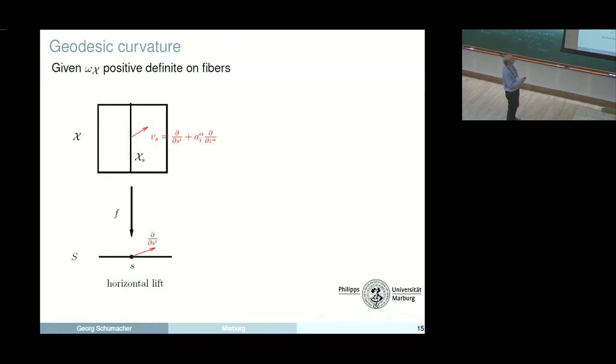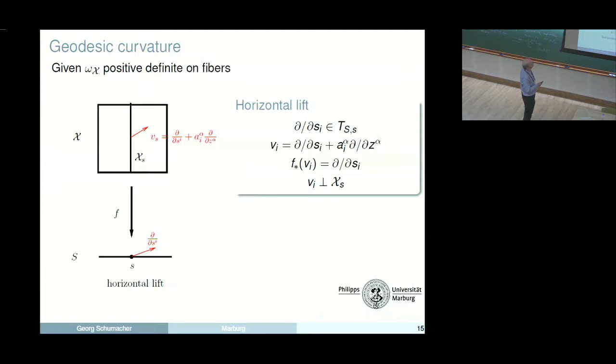And then the coefficients can be easily determined from the components of the metric tensor of omega on X. So here are the conditions. We start from a tangent vector, then we take a lift, so it projects down to the given one, and it is perpendicular to the fibers.